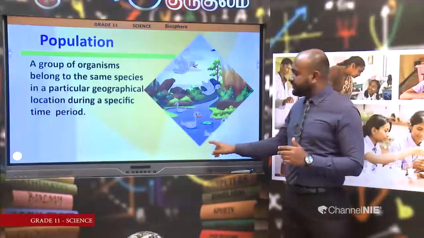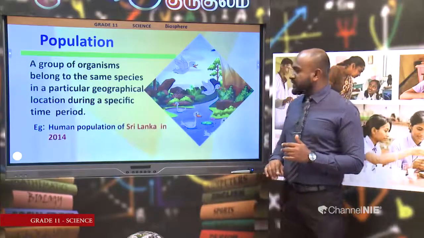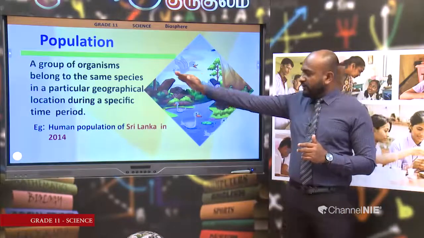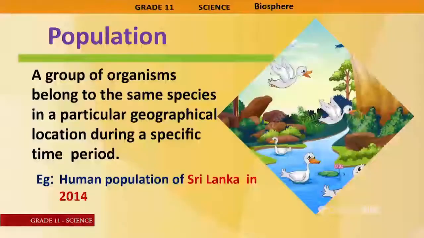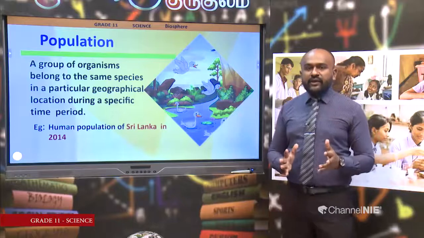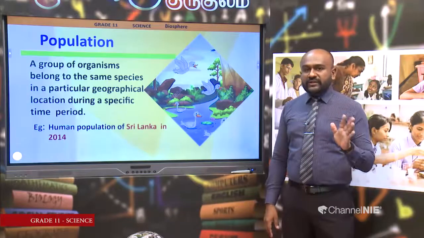So, all these things should be included in your definition. There is also one example here. Yeah, human population of Sri Lanka in 2014. So, as I told you, you consider the species, the geographical area, and the time duration. In the exam, if you are asked to define population or even to write an example, I think you all can do it considering all these three.